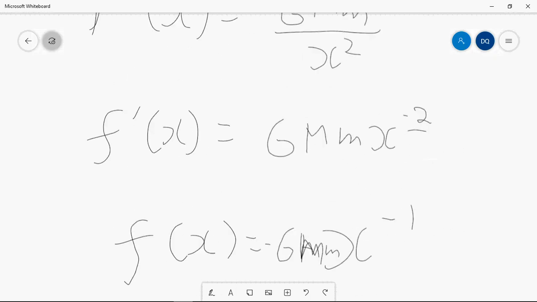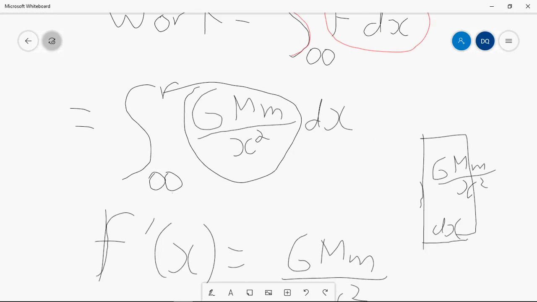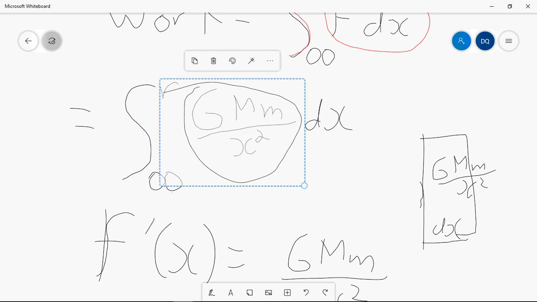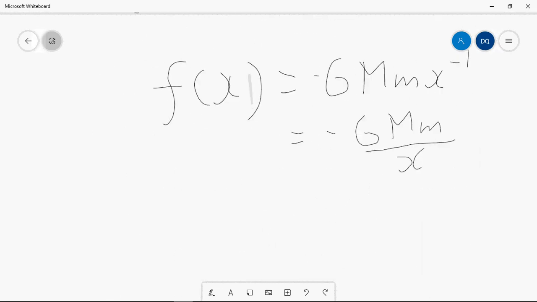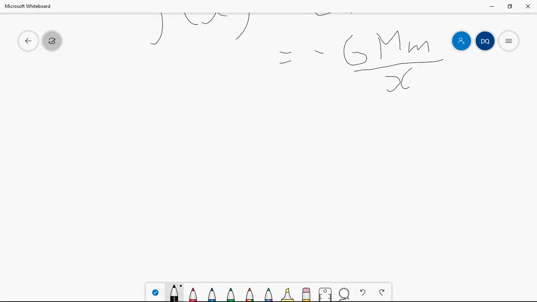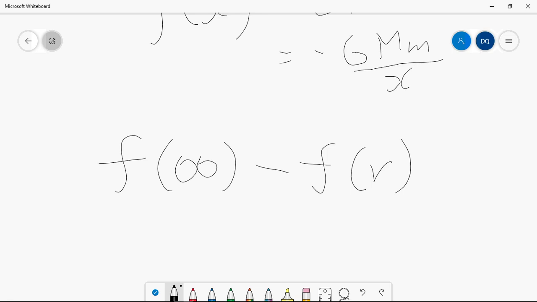Now, this whole problem was set up with this symbol taking us from infinity to r. So what that means is we just take that function at infinity and then subtract that function at r, and we're done. That's going to be the area under the curve.